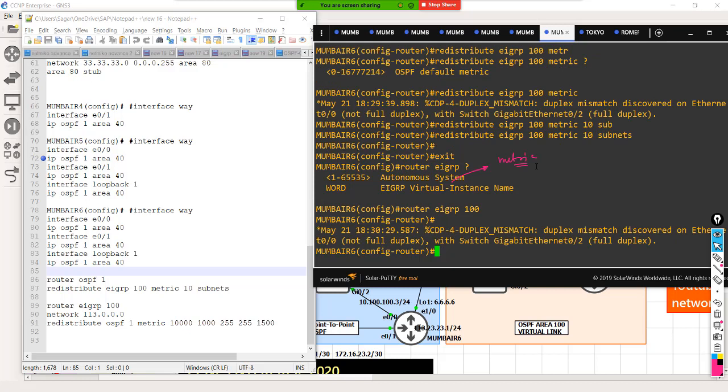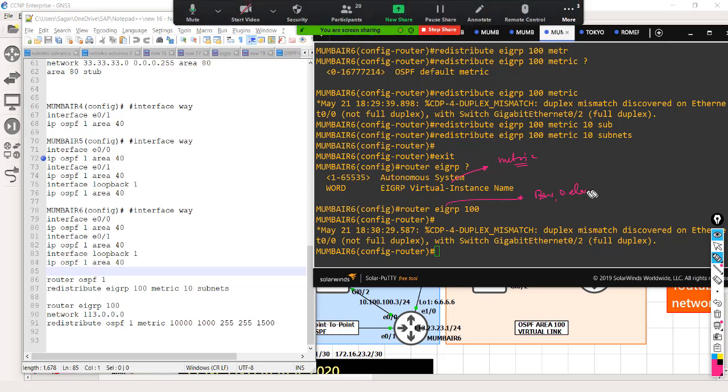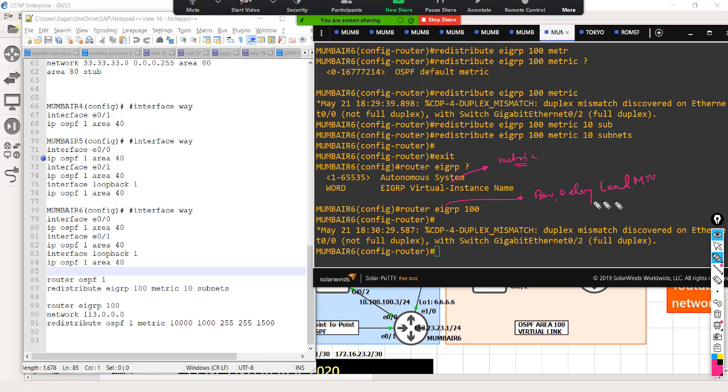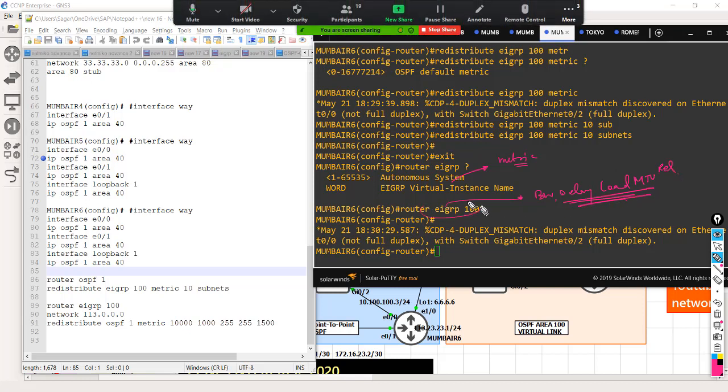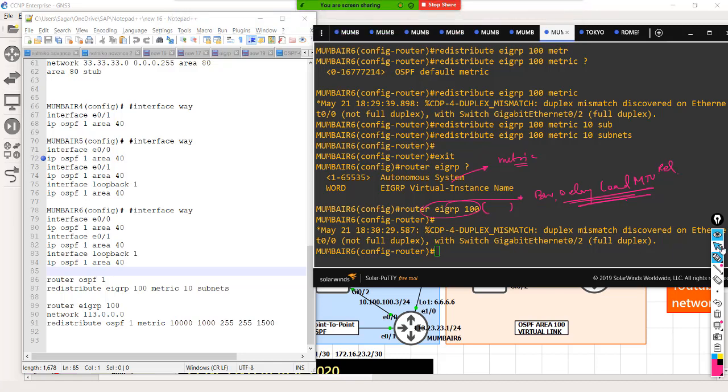How does EIGRP calculate the metric? Based on 5 factors: bandwidth, delay, load, MTU, and reliability. Based on these 5 factors, EIGRP calculates its path, right? So we need to follow that pattern.